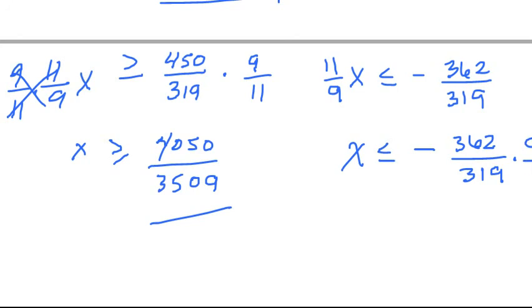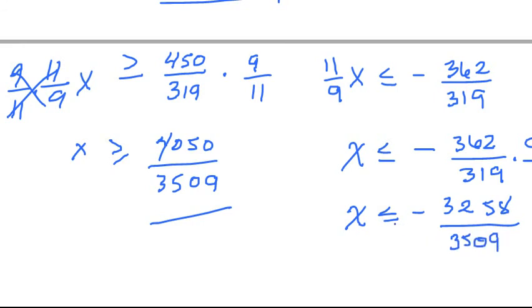So 362 times 9 divided by 319 times 11. And looks like the probability is 0. Well, anyway. Negative 3258, I believe, over 3509.